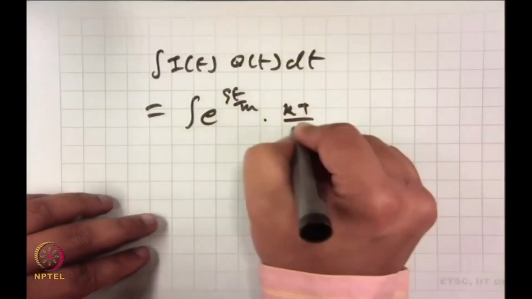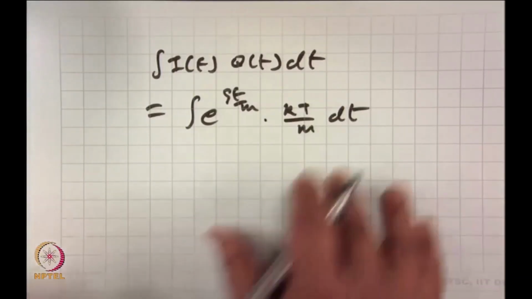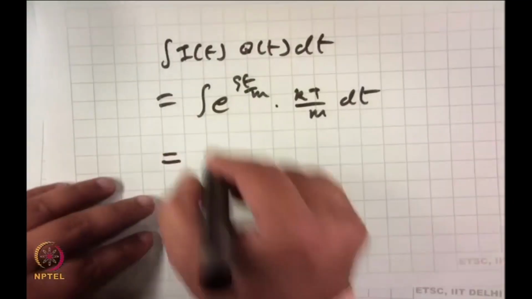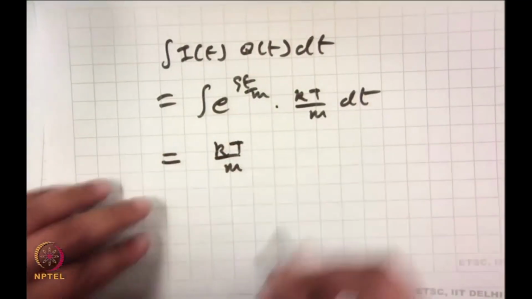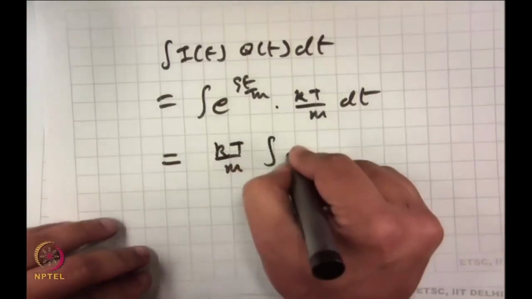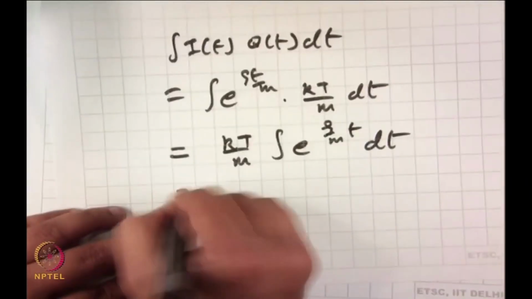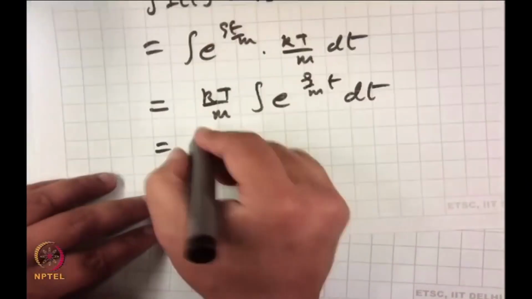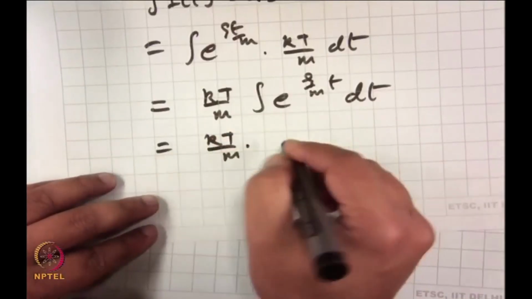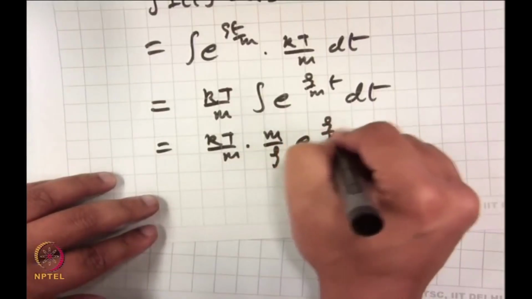K t over m d of t. Okay. And this, if I do the integration, I have k t by m, right, e to the power xi by m t d of t. So, what do you get here now? So, k t by m times m by xi e to the power xi by m t.